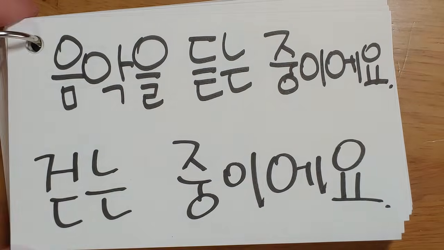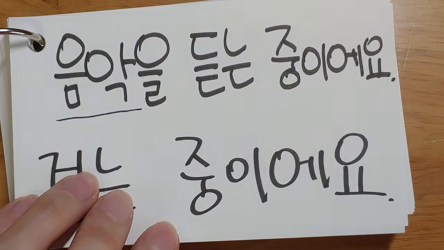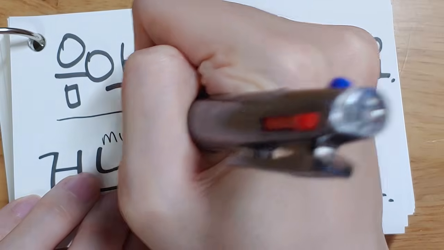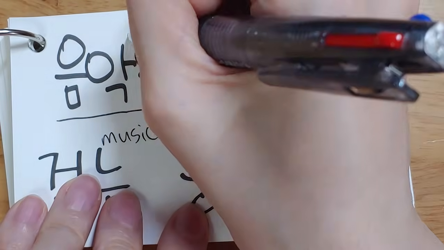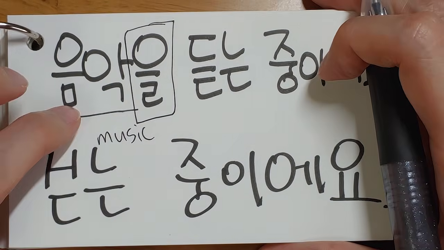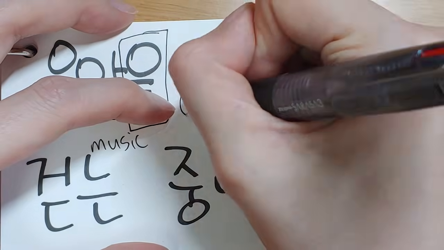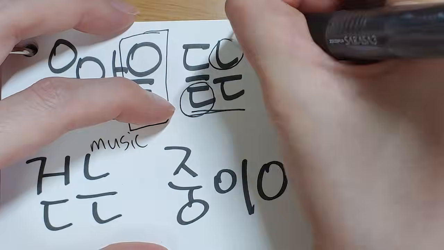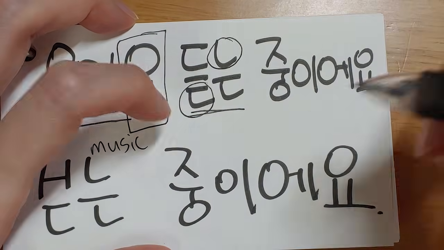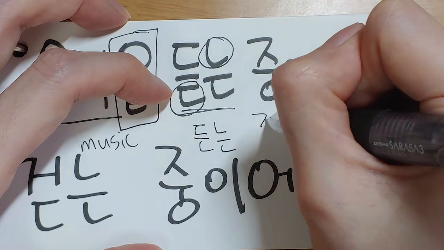And also, 음악을 듣는 중이에요. 음악 means music. 음악을 has an object marker that you'll learn in grammar lesson. But can you try pronouncing this one? Ut combined with 느, right? 듣는 중이에요.